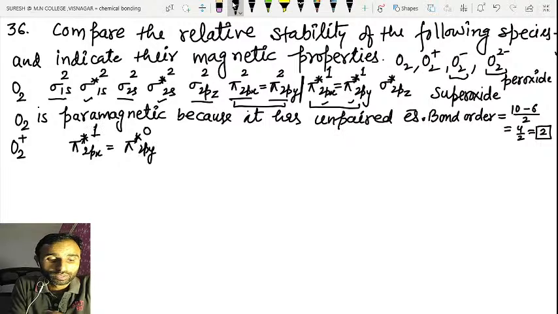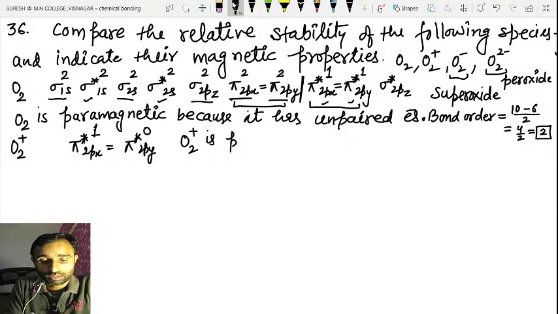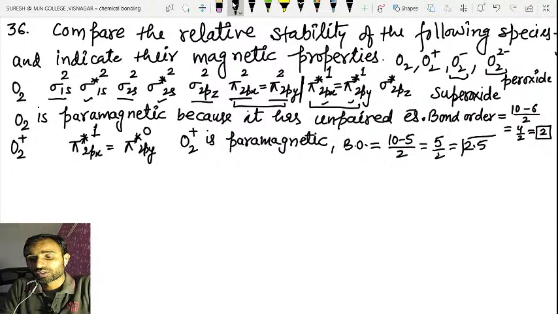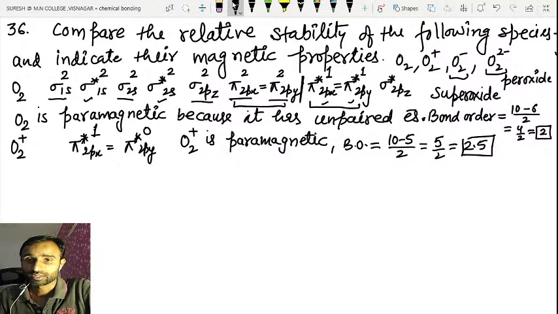Again, O2 positive is paramagnetic because of the same reason. Again, it has unpaired electron and bond order is equal to now 10 minus 5, because now one electron is removed from antibonding. So bond order is increased by half. Right?